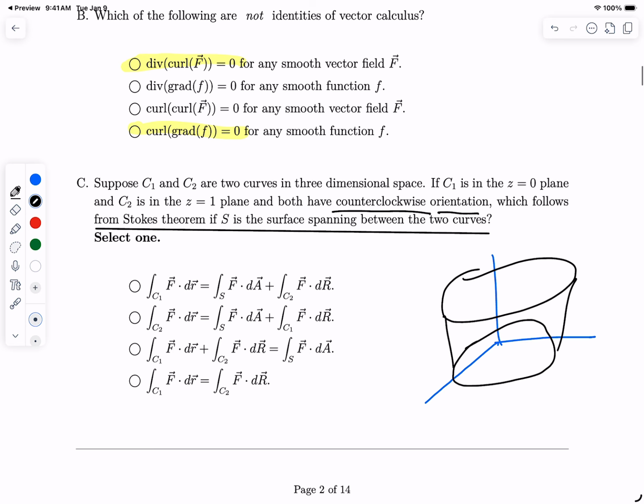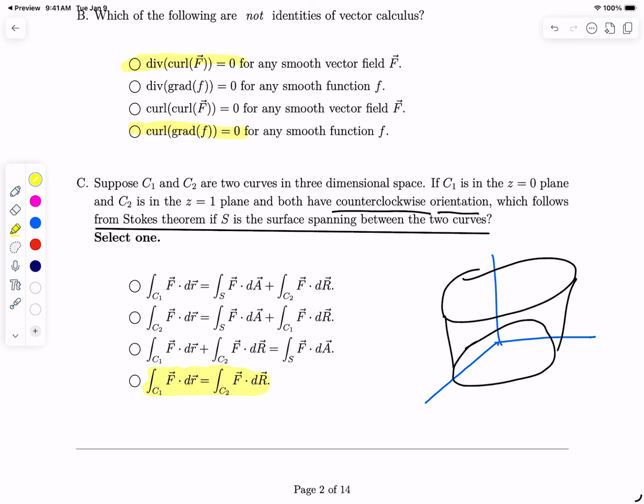And this result is same as, what do you think? Which one is true? Is it this one? The line integral around C1 should be same as line integral around C2. Yeah, we proved this thing.